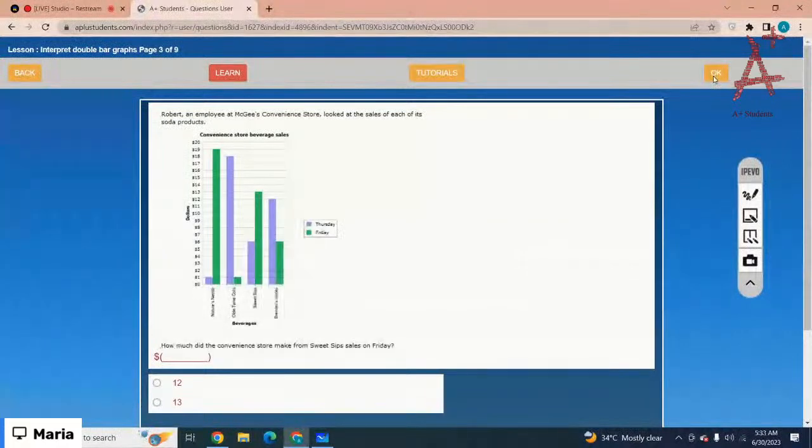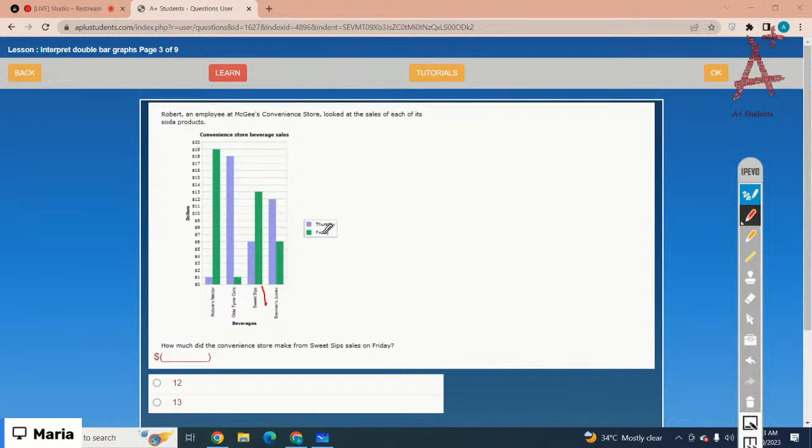Okay, Robert, an employee of Mackey convenience store, looked at the sales of each of its soda products. How much did the convenience store make from sweet sips sales on Friday? Okay, here is sweet sips. Green is for Friday and blue is for Thursday.